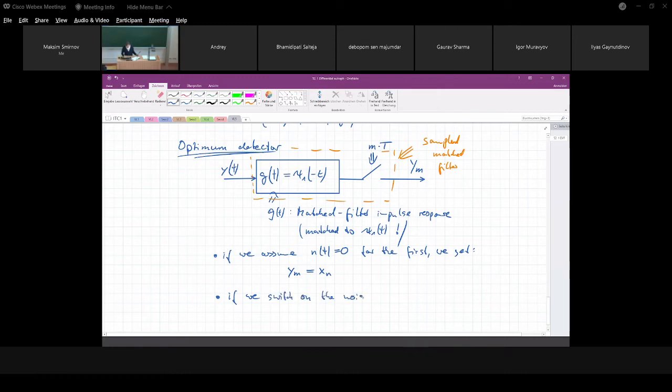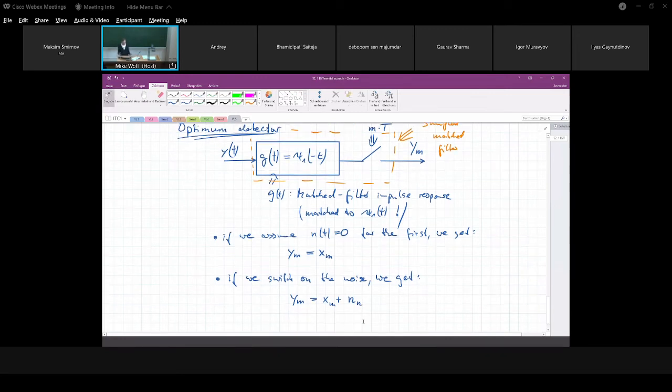This is where we are interested in. We get Y_m is equal to x_m plus n_m. M is the index, okay? And x_m plus the noise, a sampled version of the filtered noise.